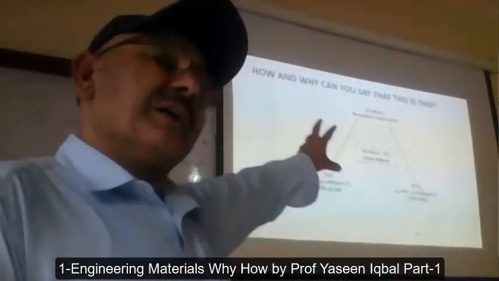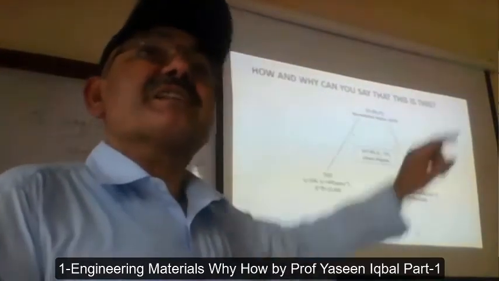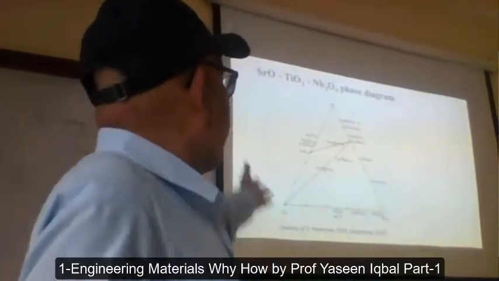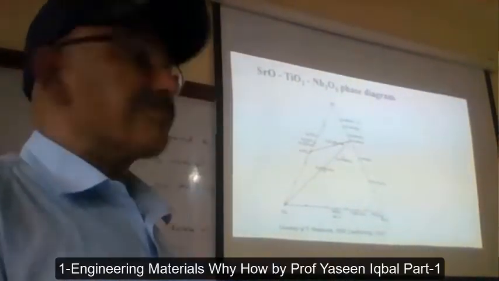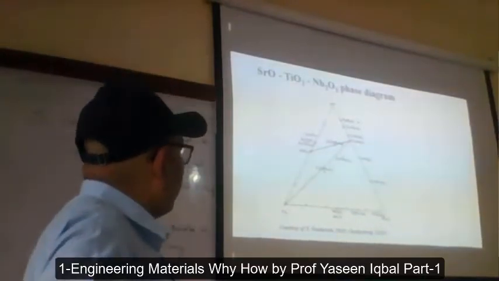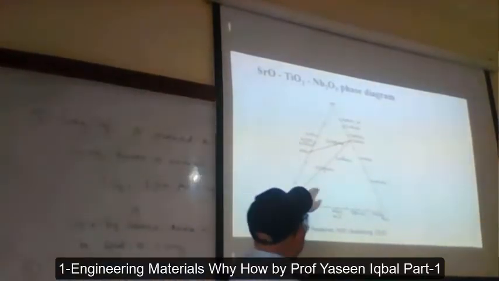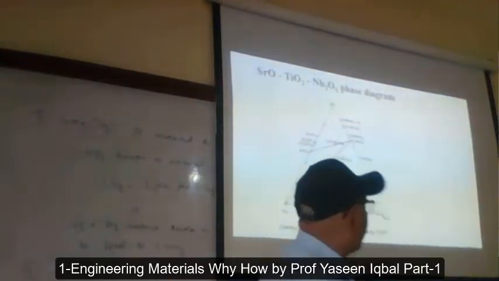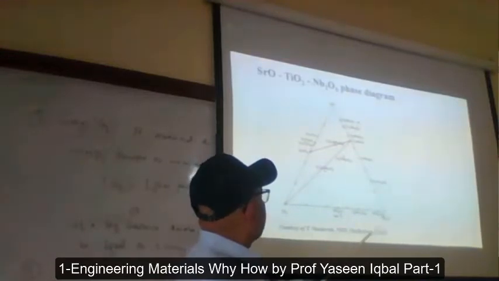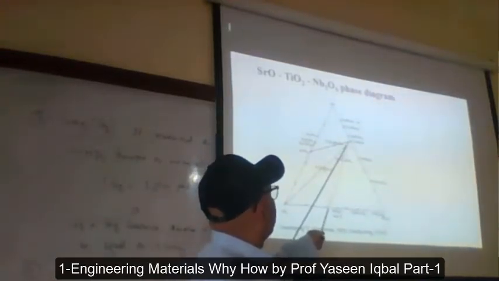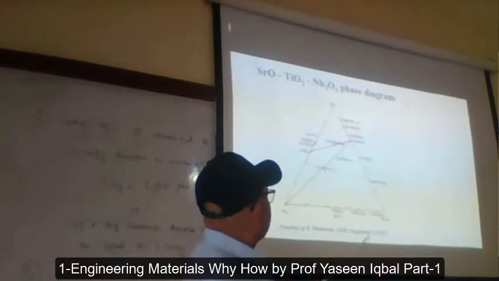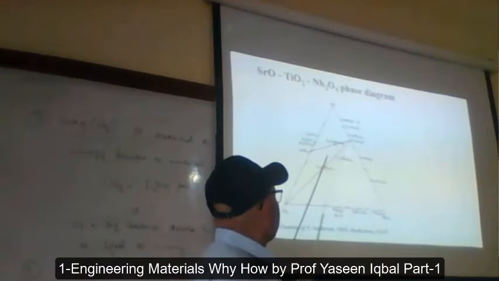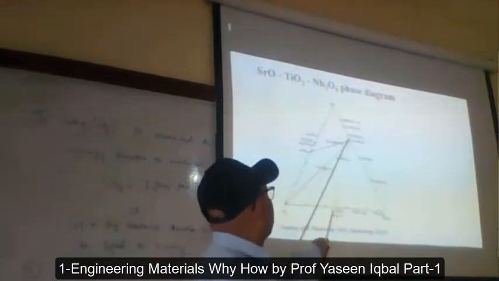So when you select these, which phases are possible? And you again go to the ternary phase diagram. Now, if I keep the amount limited to here, right? If I keep the amount of this ingredient to here, I will get this, this, and this. So the ratio will be in this triangle, and I will get that place.